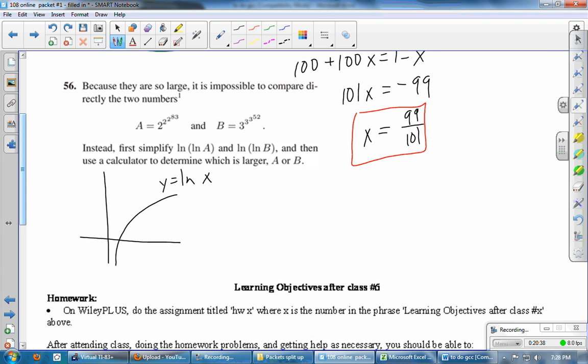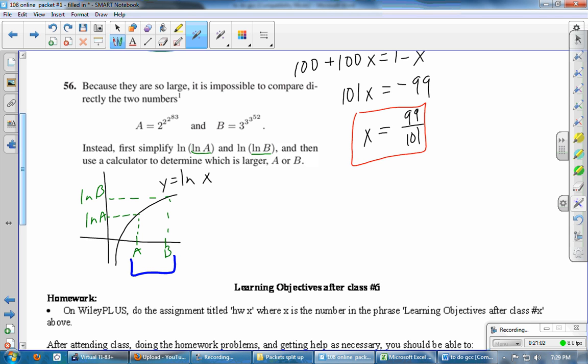So if you were to look at, say, ln of A and ln of B, and let's just say that A is here and B is here, just to say that A is smaller than B. Maybe it is, maybe it isn't. Then if we go up to the curve, then we get ln of A is this y value, and ln of B is this y value. And as you can see here, if A is smaller than B, then ln of A is smaller than ln of B.